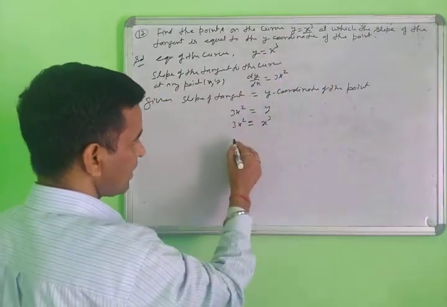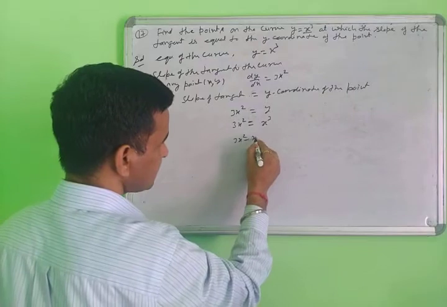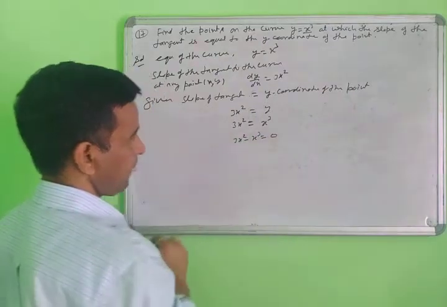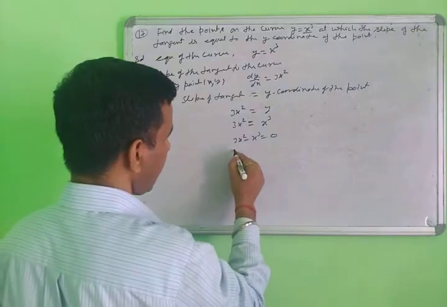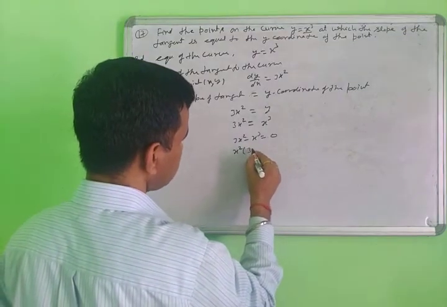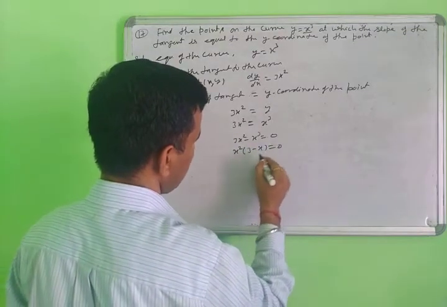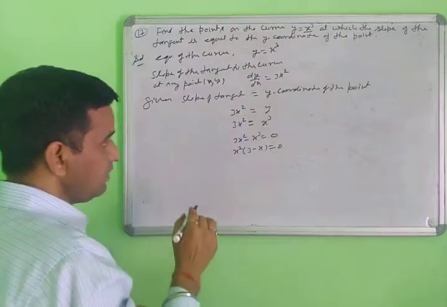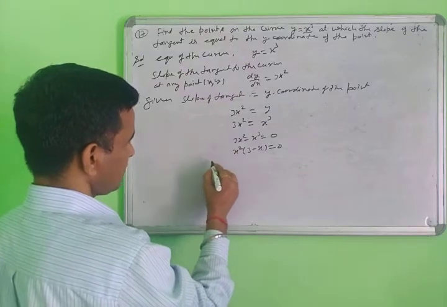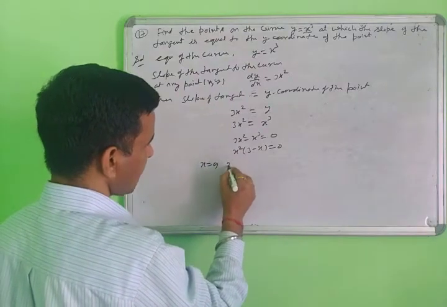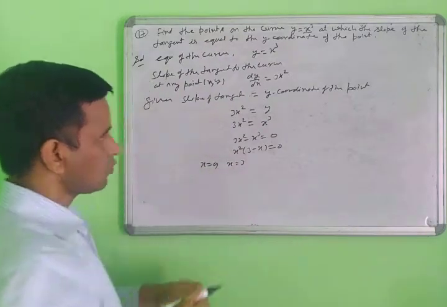Then taking common here, 3x square minus x cube equals 0. Understand these things. Taking common x square, what is left? 3 minus x equal to 0. That means x equal to 0 and x equal to 3. Two values will come here.